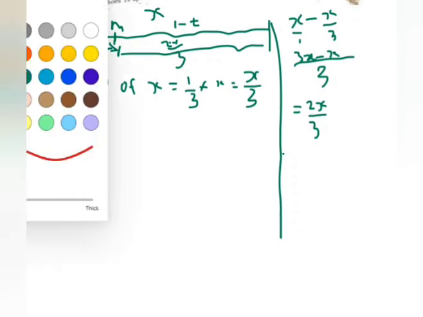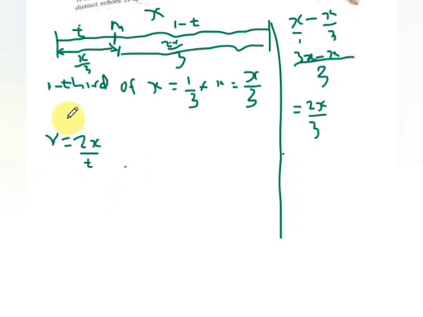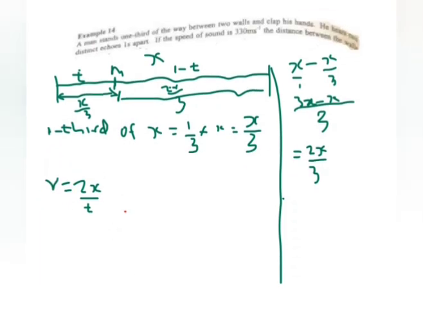Now for the first part, just let me change the color of that. For the first part, when the distance is x over 3, we're going to have 330, that's the speed, is equal to 2 times the distance from the man, x all over 3, divided by the time it took, which is t. So we can make this over 1, then cross multiply.